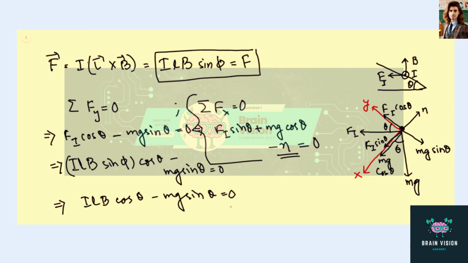Now we can solve this equation and we get I equal to mg over LB times sine theta over cos theta. And we know that sine theta over cos theta is tan theta. So I is equal to mg tan theta over L times the magnitude of the magnetic field.